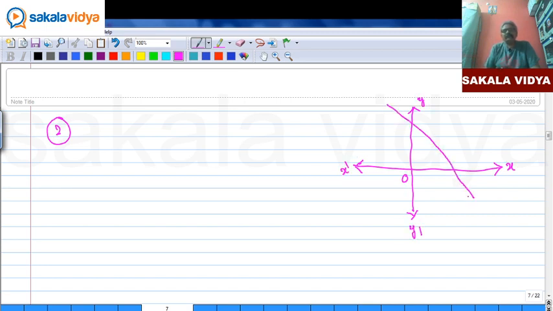Suppose this time it cuts the x axis at (a, 0) having slope m, then what is the equation of the line?